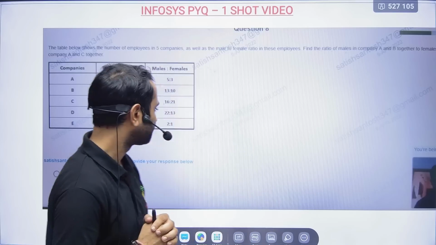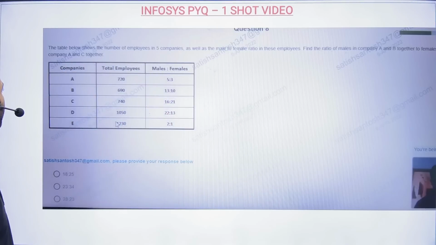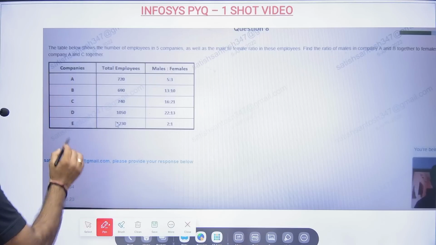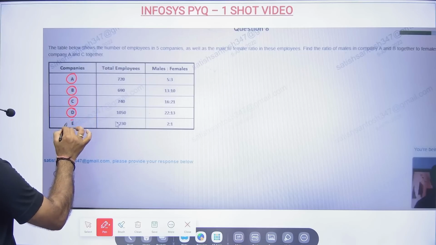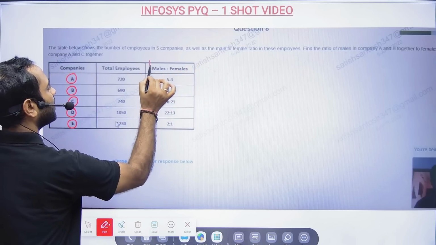Anyway, question number 1. The table below shows the number of employees in 5 companies. This is a data interpretation problem. A, B, C, D, E are the 5 companies, along with the male to female ratio.